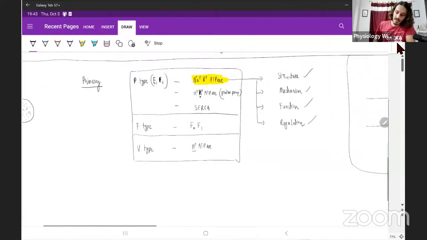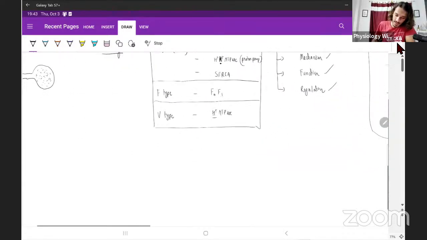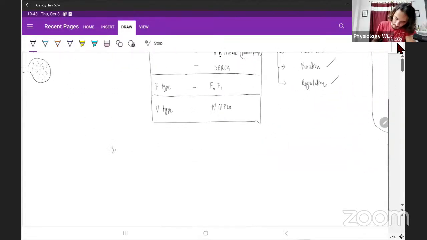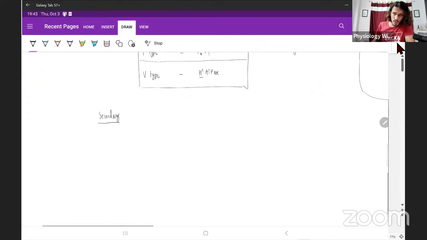Okay. Now we'll come to secondary active transport. So secondary active, you can divide it into two types. So I'll just show you an example and then try to explain it to you. In one scenario, we just put a sodium potassium ATPase here.